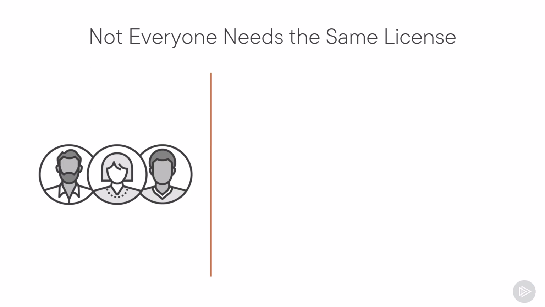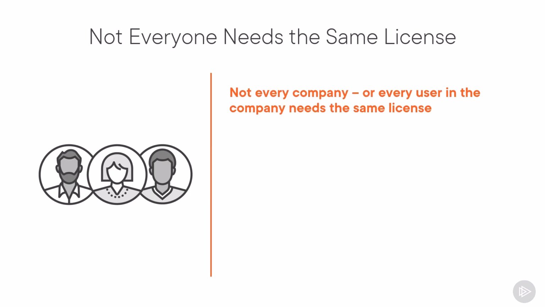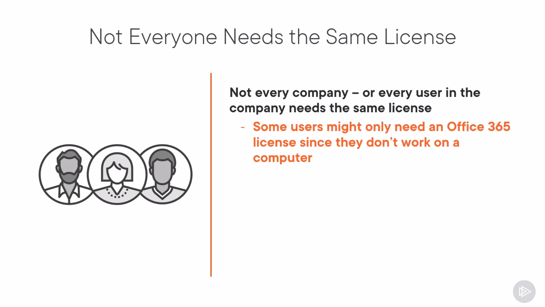For me, where the real flexibility comes to play is that not everyone in the company needs the same license. You can mix and match from the Microsoft 365 licenses that we talked about, or you can only get an Office 365 license for some users, since they might not need Windows, for example, they only work from mobile phones.